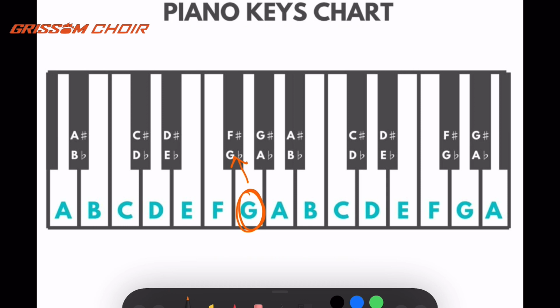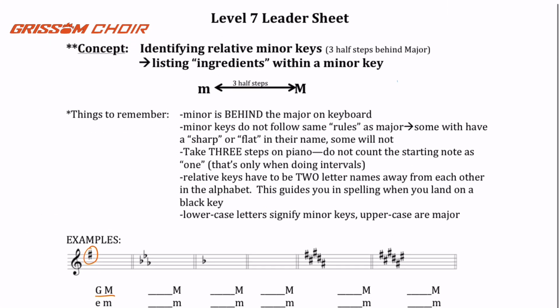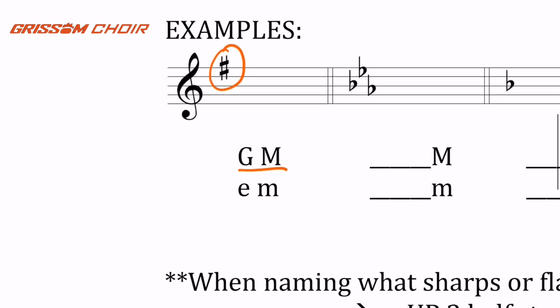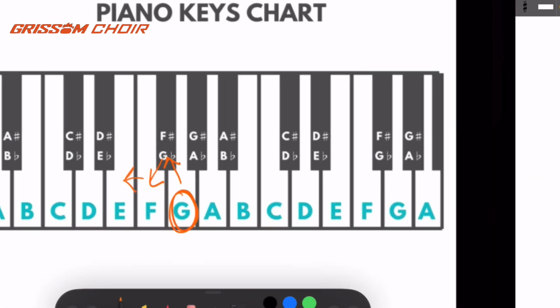That will be 1. We'll go to this white key. That will be 2. We'll go to this next white key. That will be 3. You land on E. So that means that the relative minor of G major is E minor, and you would put a lowercase m to signify that it is a minor key.